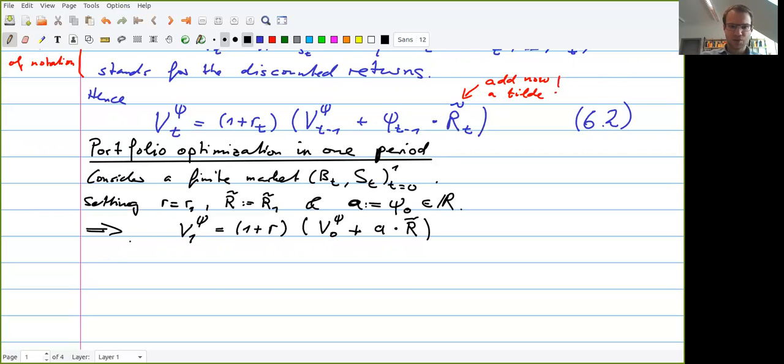Now if I am an investor who wants to optimize expected terminal wealth with respect to some utility function, I give myself a utility function describing my preferences. So U is the utility function.